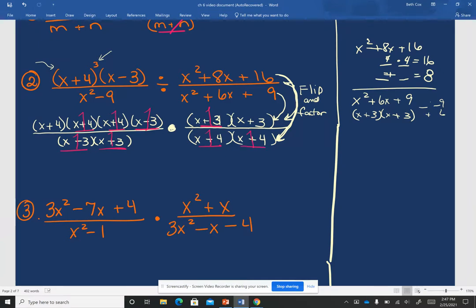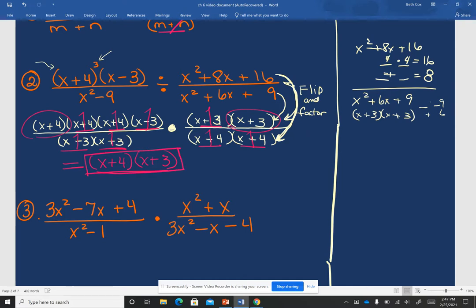Alright, so now my denominator's done with. Let's check out my numerators. I have an x plus 4 in the numerator, and I have an x plus 3. And that's my answer. And technically the denominator is 1, because there's 1s all across the denominators, and I don't need that. As a matter of fact, the computer might mark it wrong if I type that in.